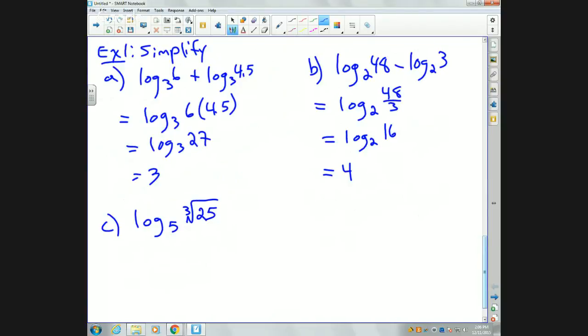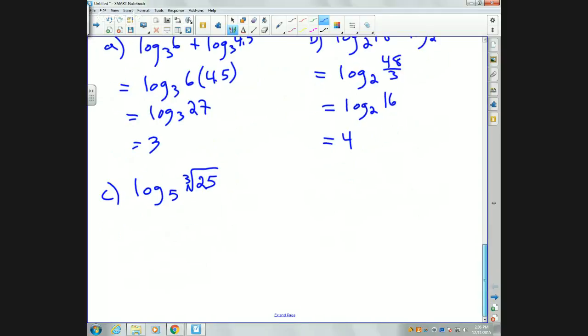All right, let's have a look at one that's a little bit more complicated. So let's do the log of the cube root of 25 base 5. There's a lot actually in this question. It doesn't look like it should be any harder than the others, maybe even easier because there are fewer terms.